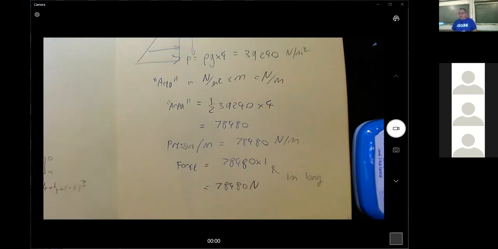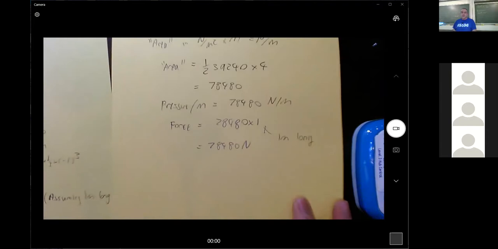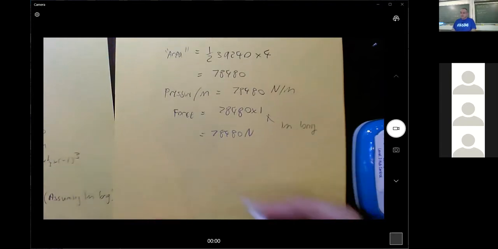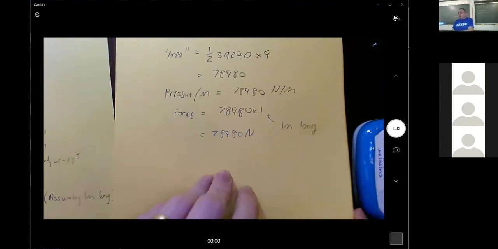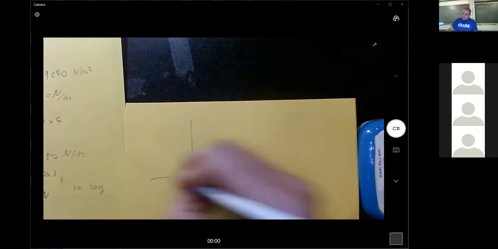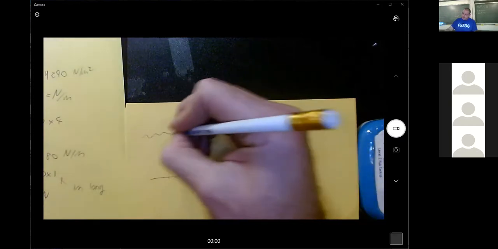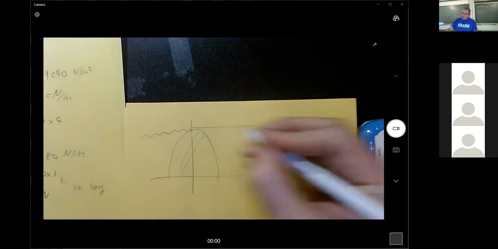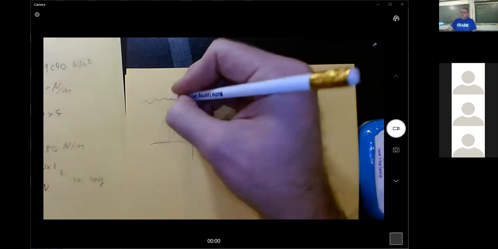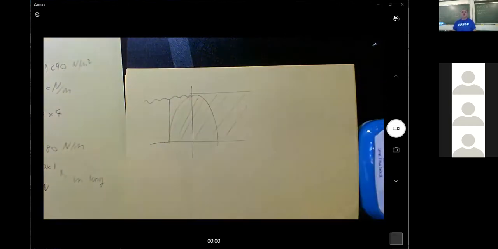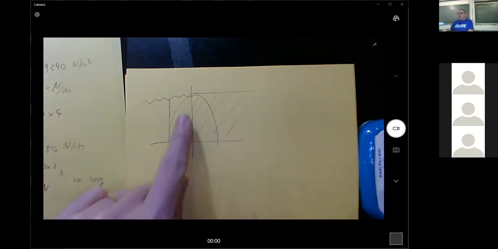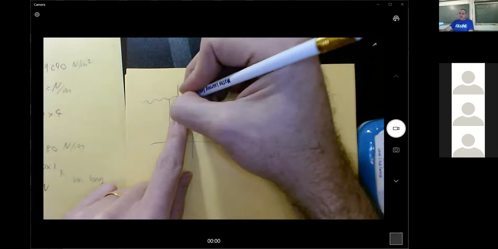Okay, so now I'm going to redraw my picture on a whole new page because, you know. So now what I have is that this force is pushing downwards.